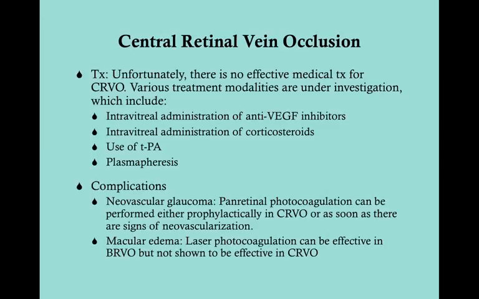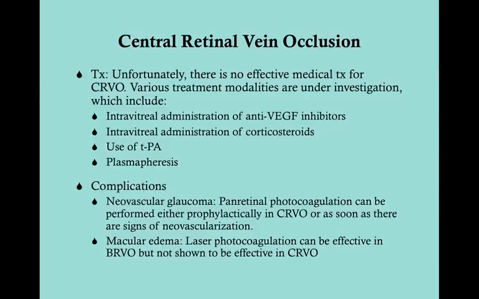For treatment, unfortunately, there is no available effective medical treatment for CRVO. Various treatment modalities are under investigation, however, and they may be performed by the ophthalmologist. Some patients can get enrolled in studies, but you won't be responsible for knowing any of this on the USMLE. But some of those modalities include intravitreal administration of anti-VEGF inhibitors.